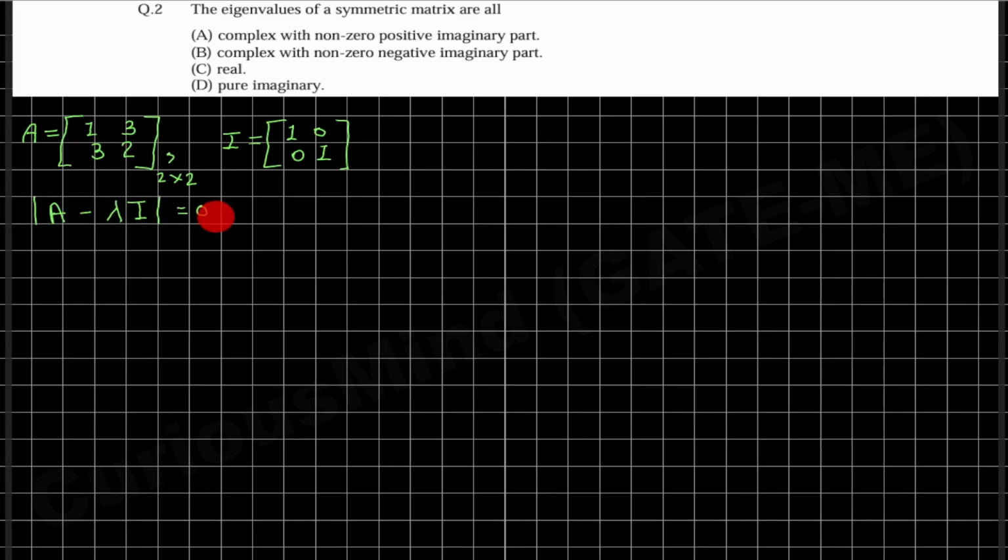So we have it, this equation. It's a matrix where lambda is the eigenvalue of matrix A and I is the second order identity matrix.